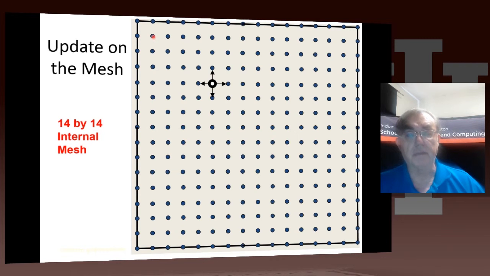And in the middle of that region, you have 14 by 14 points. And those are what you want to determine. And then the value at a point like this is determined by its 4 neighbors. That's a classic nearest neighbor structure used in Laplace's equation for this problem.